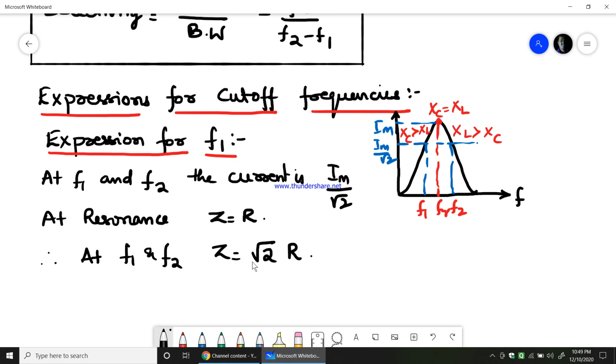When I take Z, then this becomes root 2 times R. So that is what we need to know here.